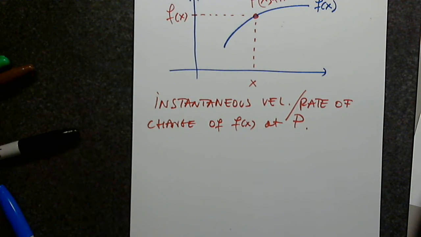So what is the instantaneous velocity or the rate of change of function f of x at P? It gives us how fast the distance is changing with respect to time. If this is distance, then I have time here and distance here. If I want to determine the instantaneous velocity at this point, I'm really asked to determine how fast the distance is changing with respect to time at that particular instant.